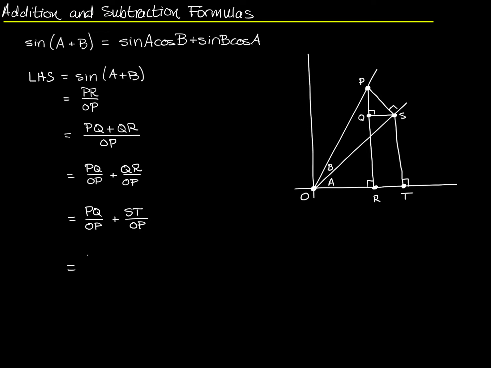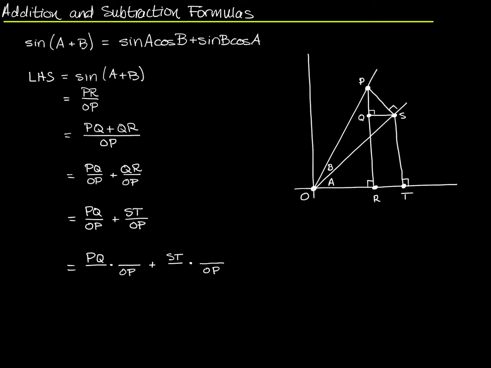In the next step, I'm going to do a little bit of fraction unmultiplying. I have PQ over OP, which is the same as PQ over 1 times 1 over OP. And I have ST over OP, which is the same as ST over 1 times 1 over OP.